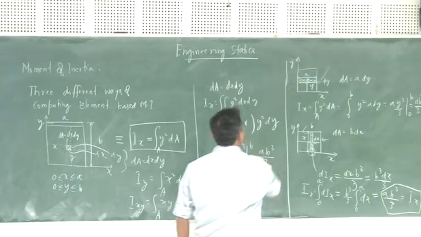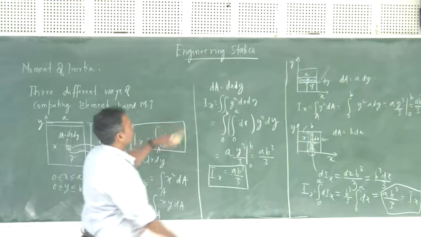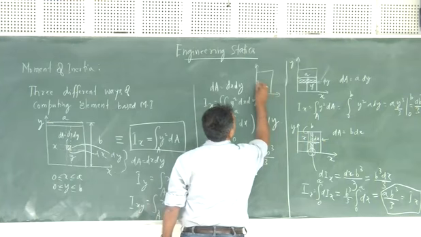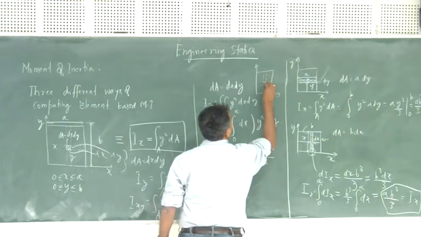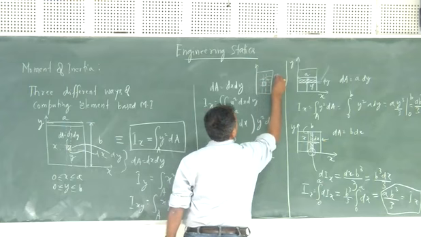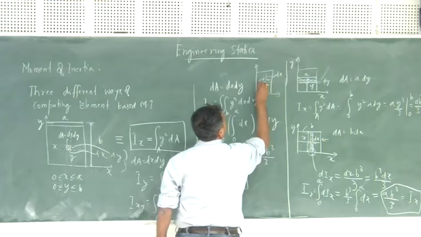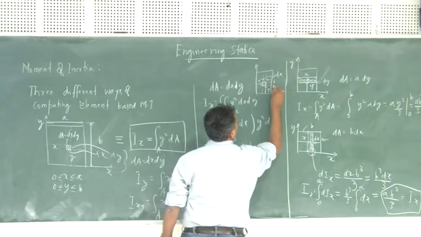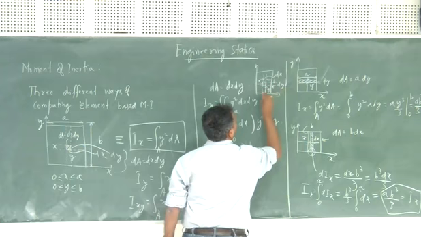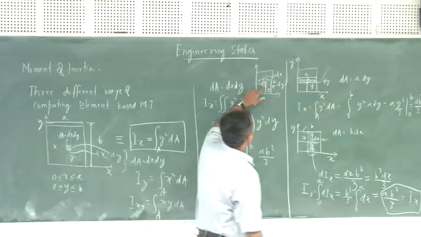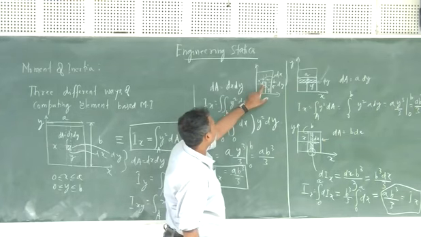So you can see that in this case we used an element at x with height dy, so dA was dx into dy.